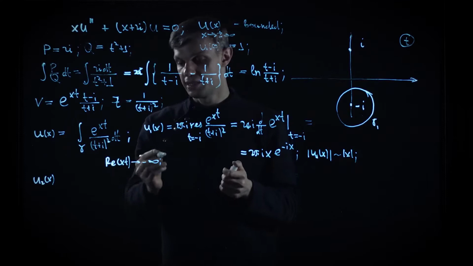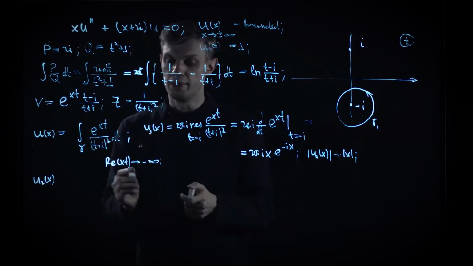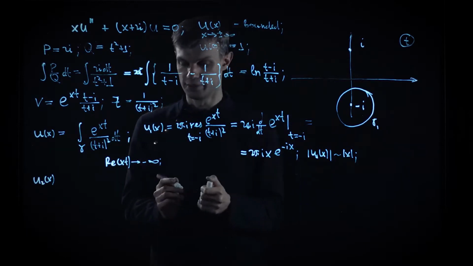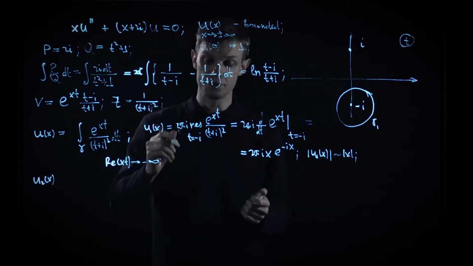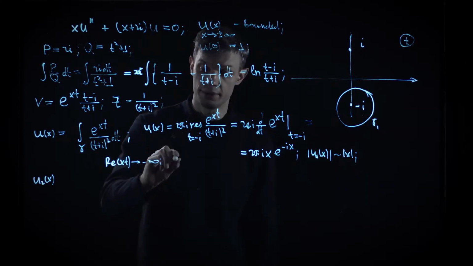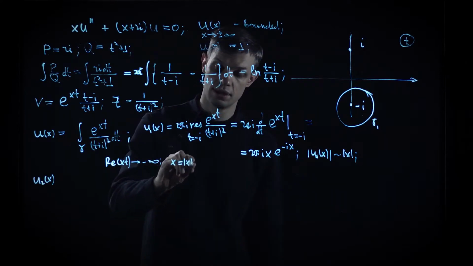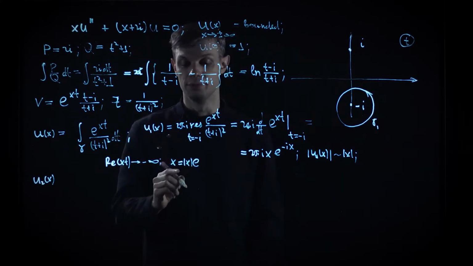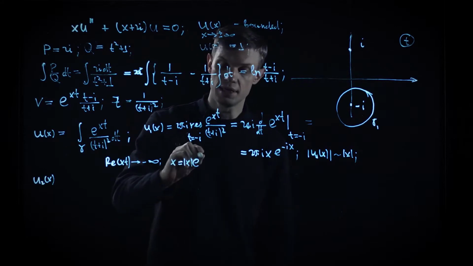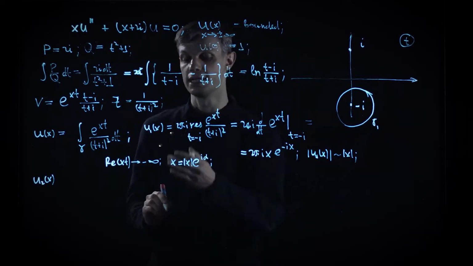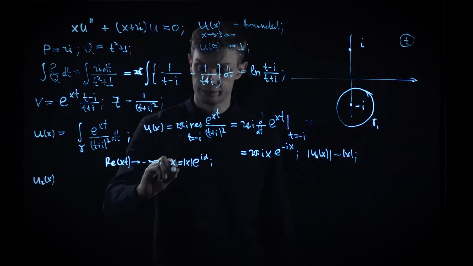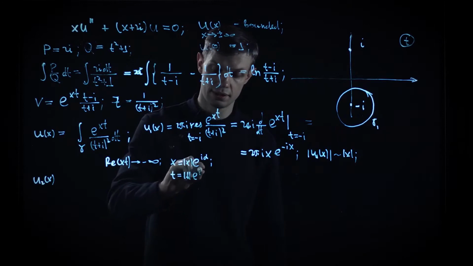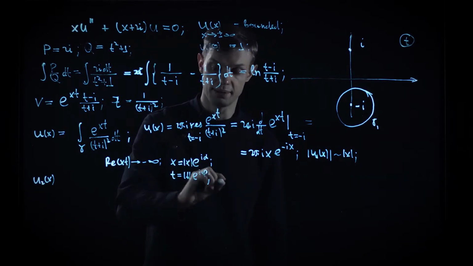And we just need to analyze how this real part behaves at different arguments of the complex numbers x and t. Well, suppose x is an arbitrary complex number, and we decompose it into the exponential form: modulus of x times e to the i alpha, where alpha is the argument of x. Now t, accordingly, is represented in the same manner.